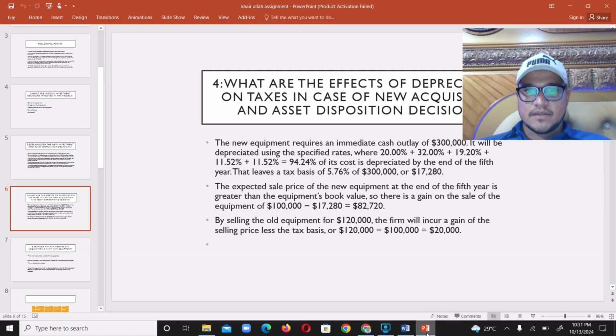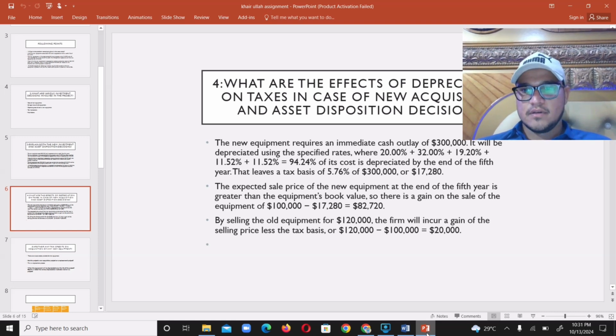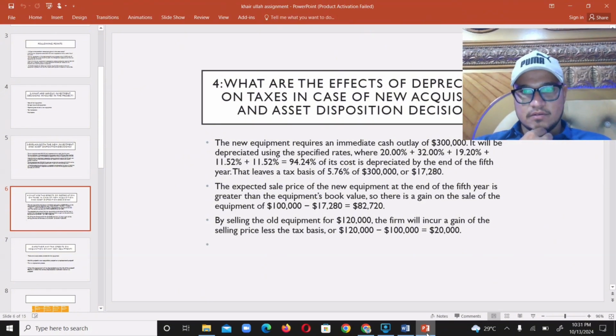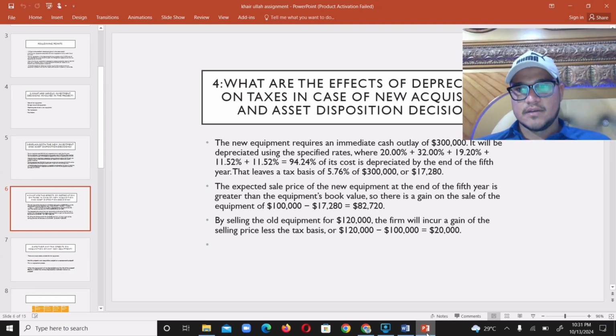That leaves a tax basis of 5.76% of 3 lakhs, or 17,280. This all is given in the case study, so we pick all this material from the case study and make a slide for it.